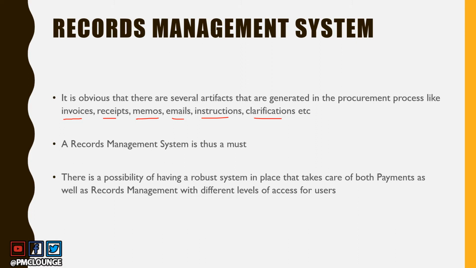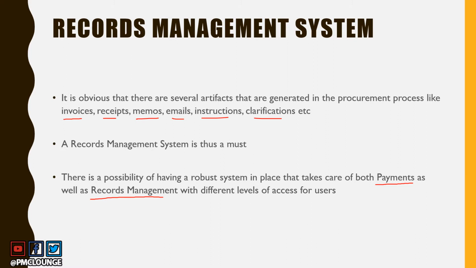Now, there is a possibility that your records management system is part of the payment system itself. And there could be two different levels of access for users, wherein as a project manager, you're not really interested in the process of payments. You need to know the numbers, you need to know how much the seller is charging you, but you're not really interested in the process of payments, right?